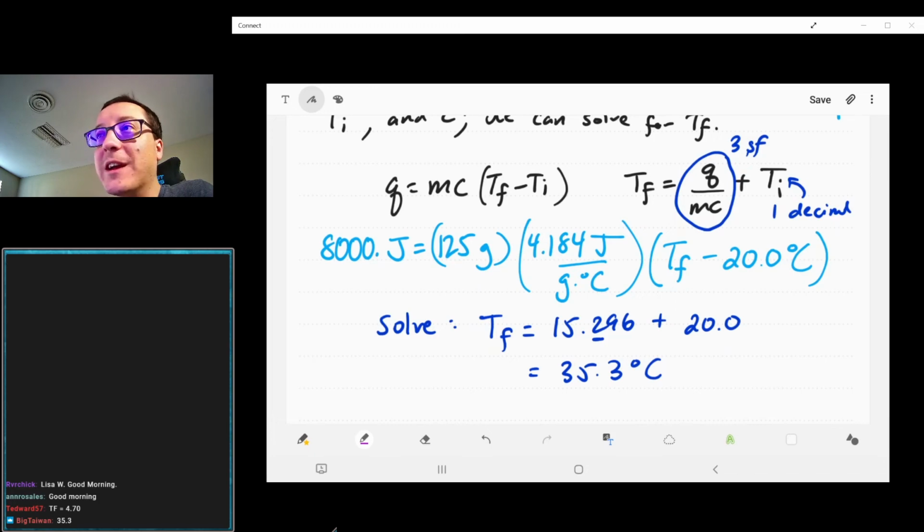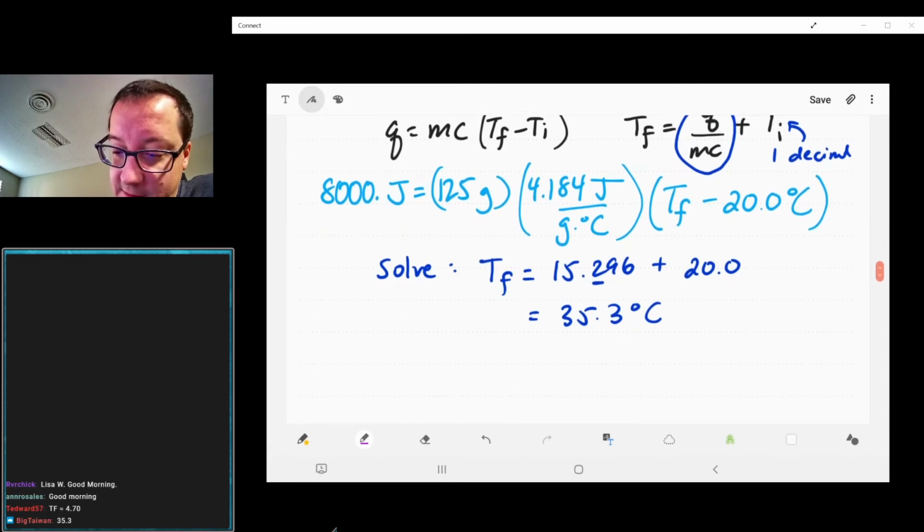This is something we're going to deal with a lot more in chapter 8. No, 6. Somewhere around there, we'll deal with this equation quite a bit more. But for right now, dealing with this energy stuff, you can just do it for some of your homework problems, or you can use the textbook problems for more kind of practice with it.